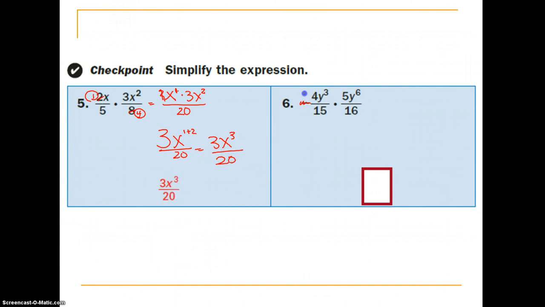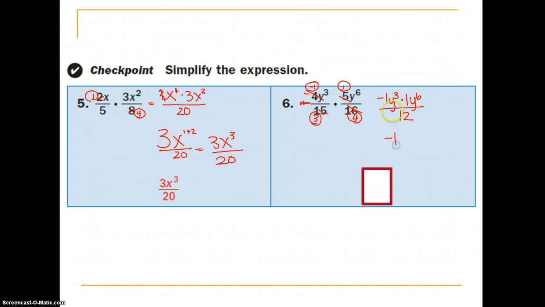The negative should be put with the numerator. We can divide out common factors. Divide by 4. This is negative 1. This is 4. 15 and 5 both divide by 5. That's 1. That's 3. So you have negative 1y cubed times 1y to the 6. 3 times 4 is 12.